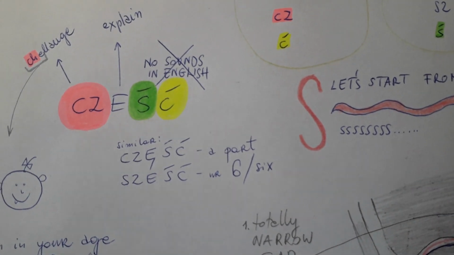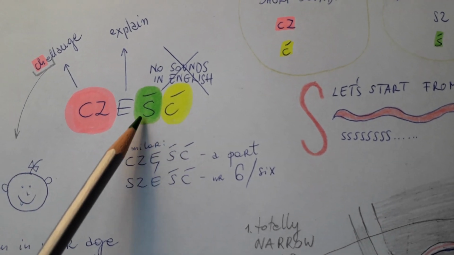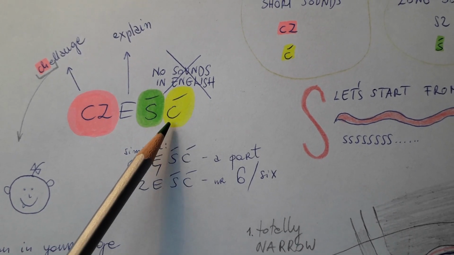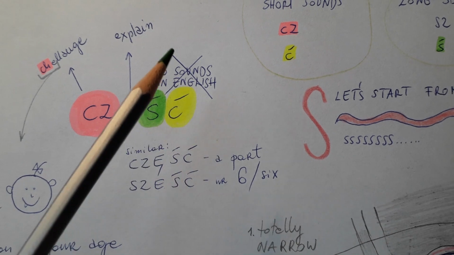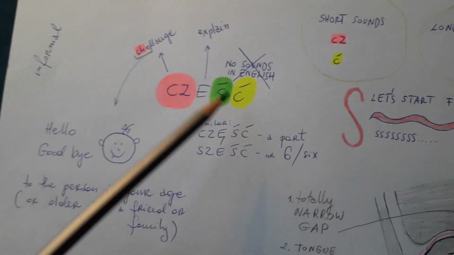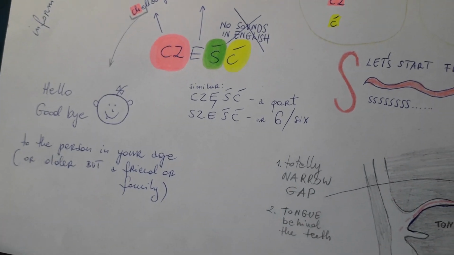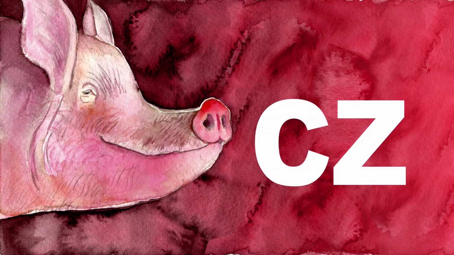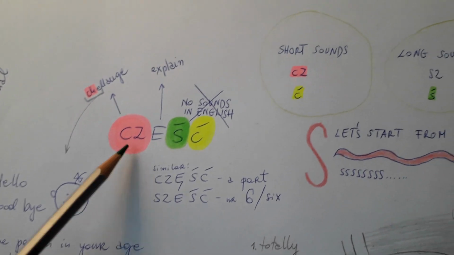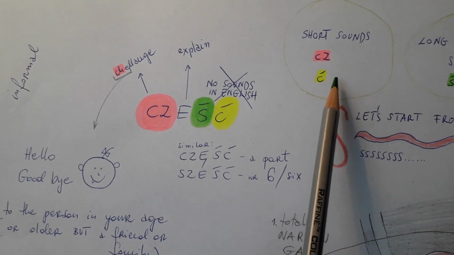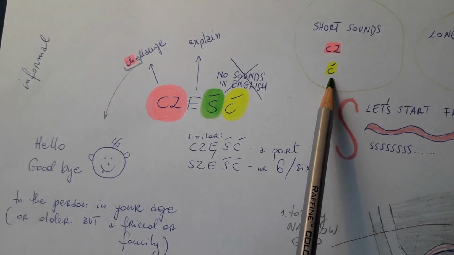As we know how to say ś, and we want to go to the ć, I think it will be helpful to compare it with the sound of tr. Remember the short sounds ć and tr.